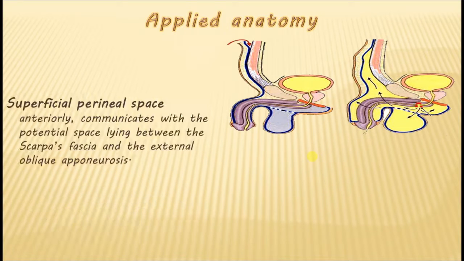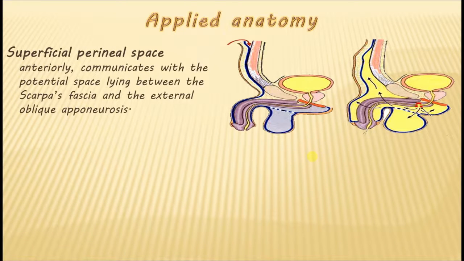Finally, coming to the applied anatomy of the superficial perineal pouch, extravasation of urine. The superficial perineal space communicates potentially anteriorly between the fascia Scarpa and the external oblique aponeurosis.